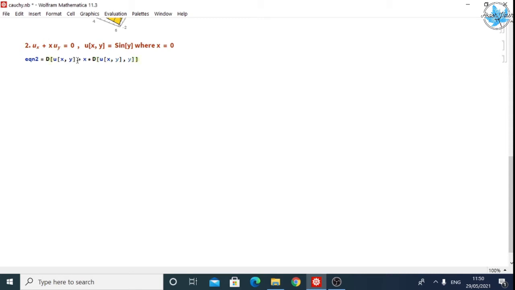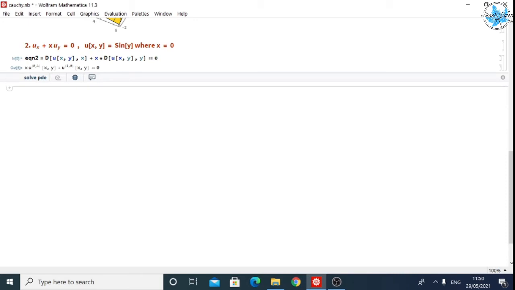Yes, there is a mistake here, comma x, so now this is complete. Now double equals to 0. Then shift plus enter, and this is my equation.